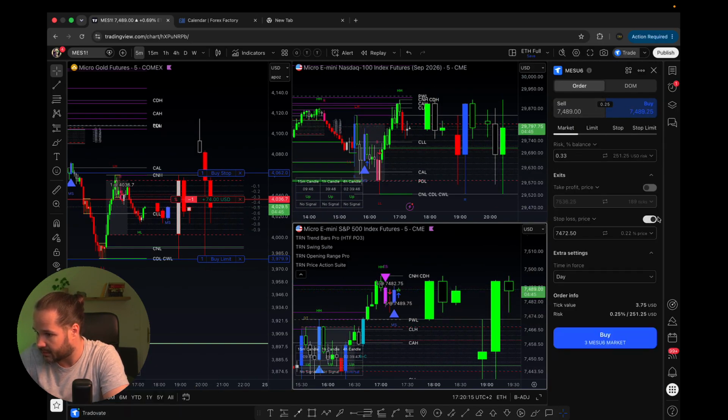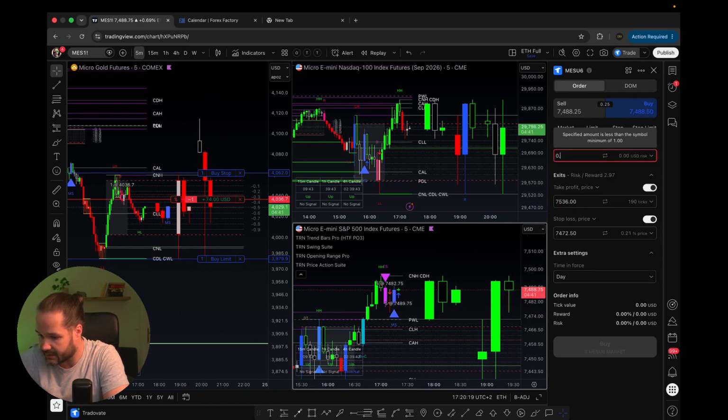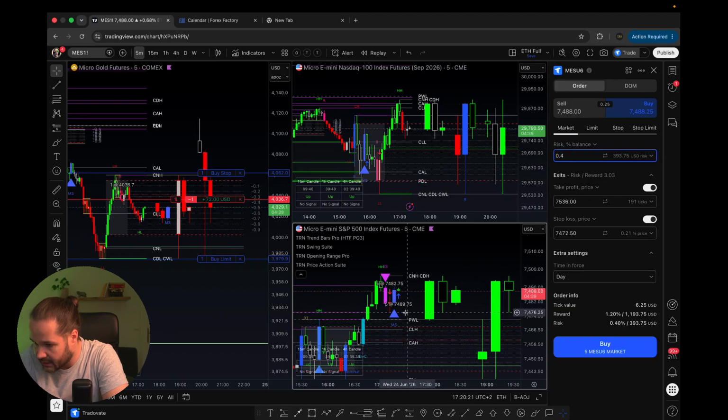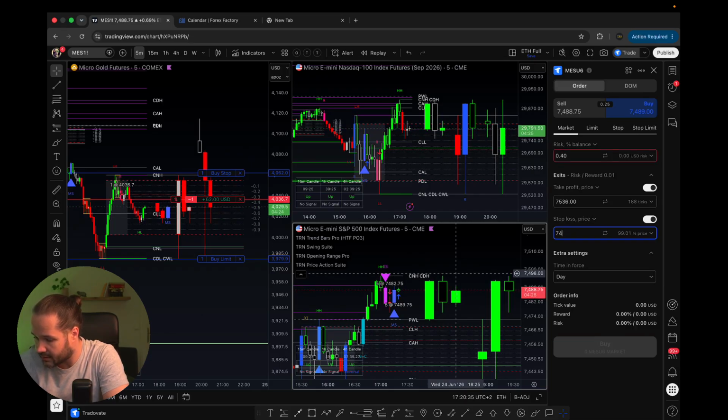Okay, let me enter market. Let me risk again 0.4%. Here below the pullback, this is the stop loss. Yeah, like this. I can adjust the take profit later a bit more.